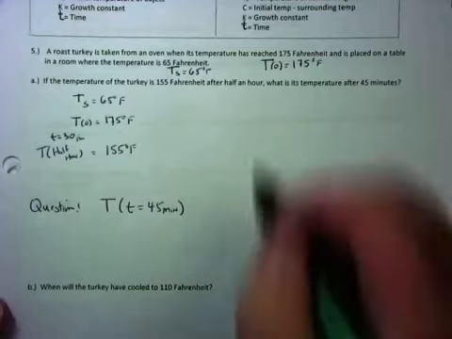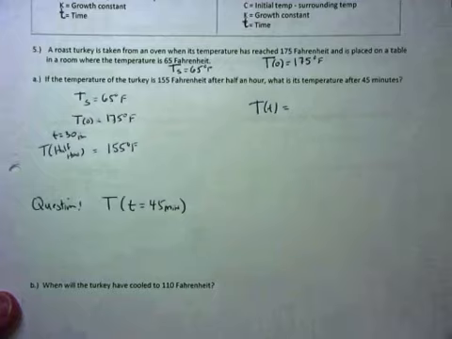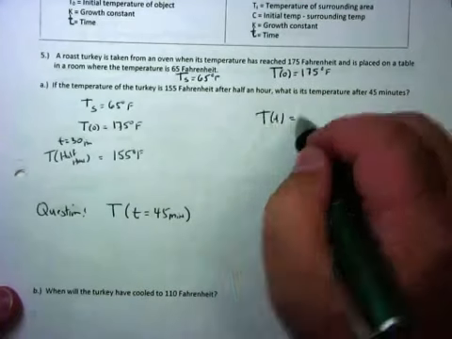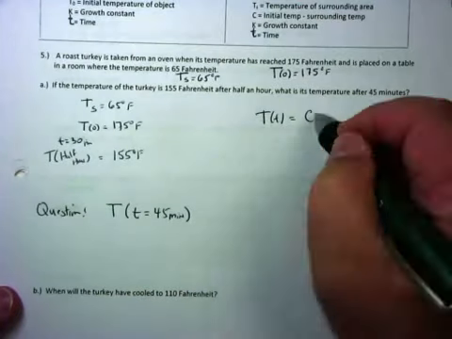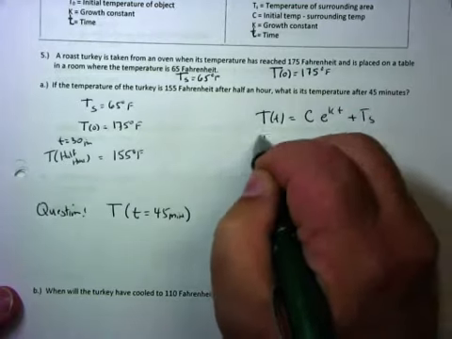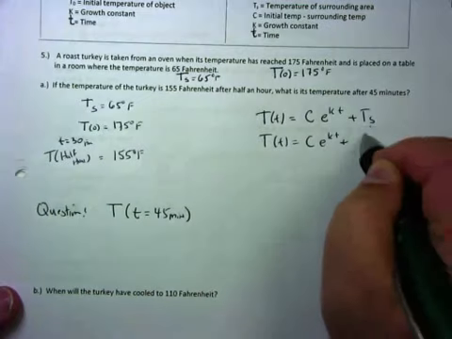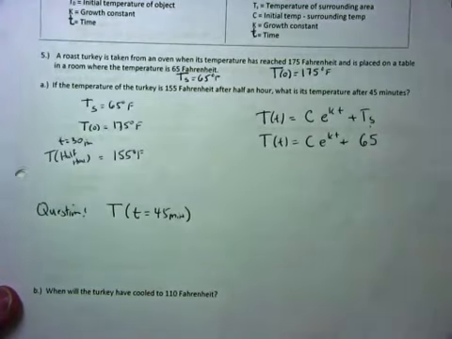So, here's my equation. That is the Newton's law of cooling formula. Big T of little t equals C e to the kt plus Ts. Big T of little t equals C e to the kt plus, what's the surrounding temperature? 65.